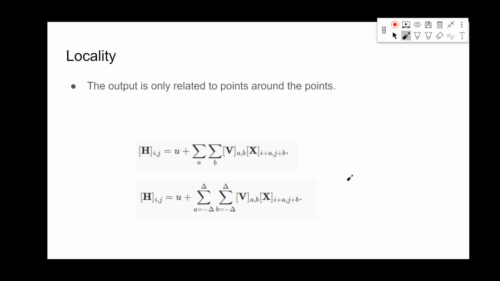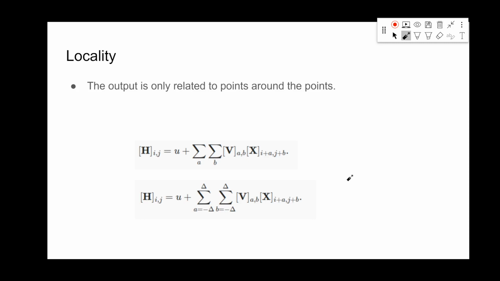And the other thing which is very important for computer vision tasks is locality. When we try to calculate the feature map for an image, in a lot of cases we only need to care about the pixels around it.